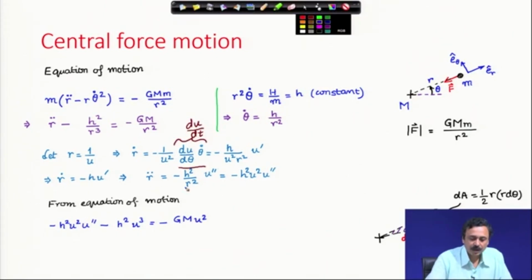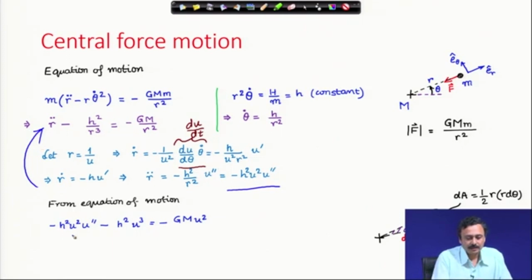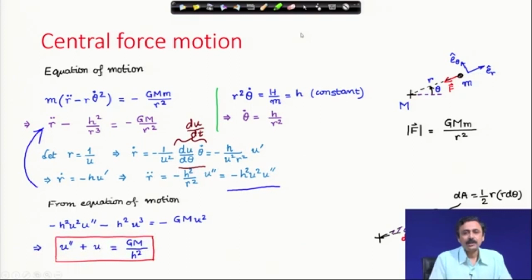Substitute this r double dot into the equation of motion, and upon simplification you will get this very simple ordinary differential equation, but now the time derivatives have been replaced by derivatives with respect to theta. u double prime, the second derivative with respect to theta, plus u is equal to g m by h square.